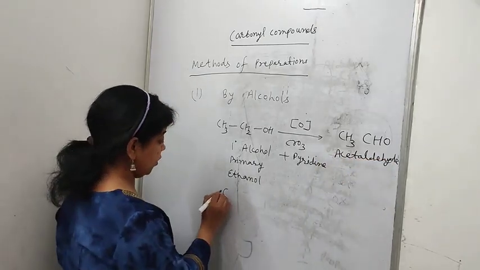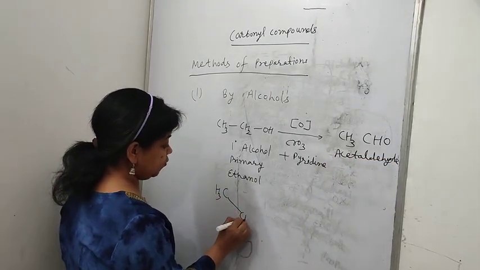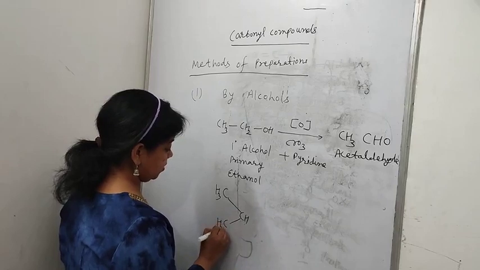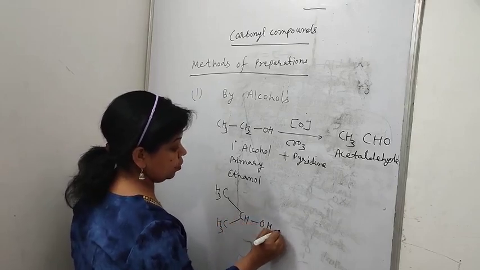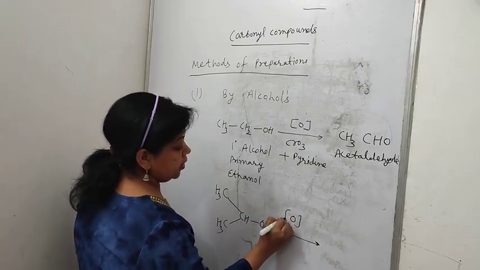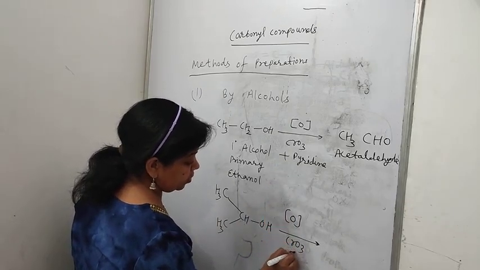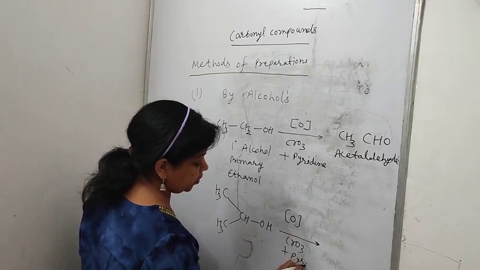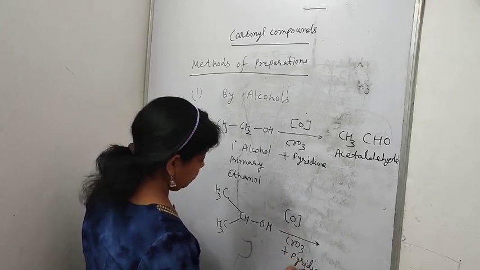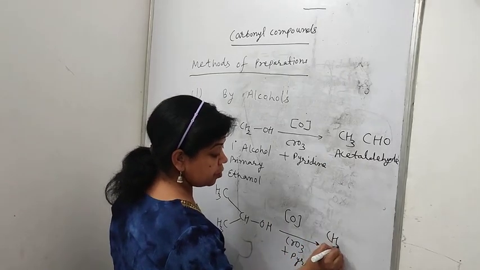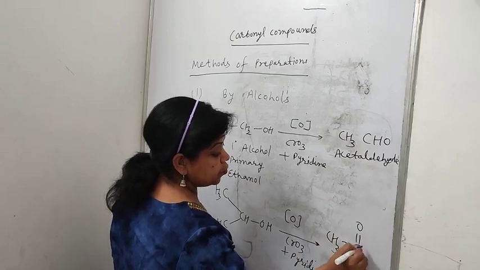Similarly, when we use secondary alcohol, that is isopropyl alcohol, with the help of this mild oxidizing agent, that is CrO3 plus pyridine, we will be able to get acetone.